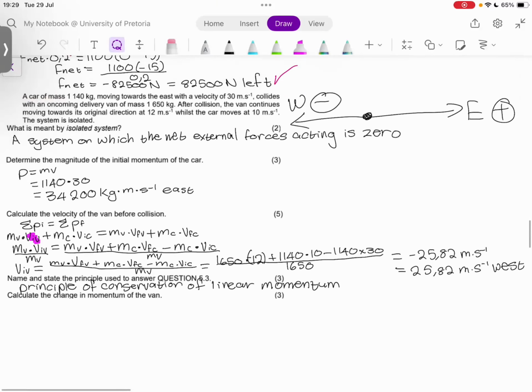Let's continue on. For the final question, it asks us to calculate the change in momentum of the van.